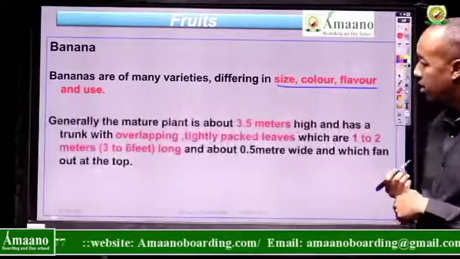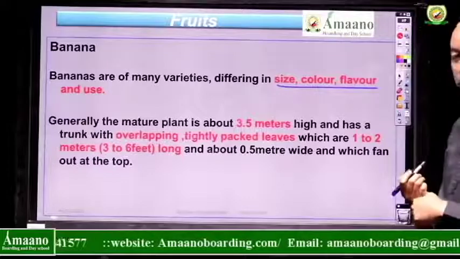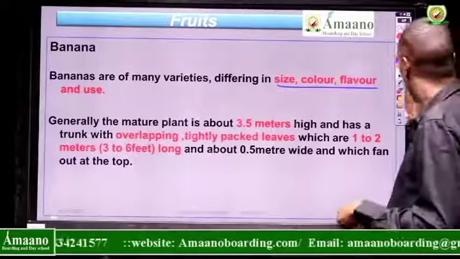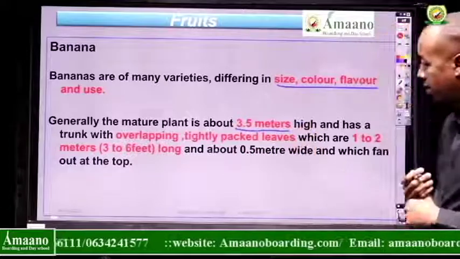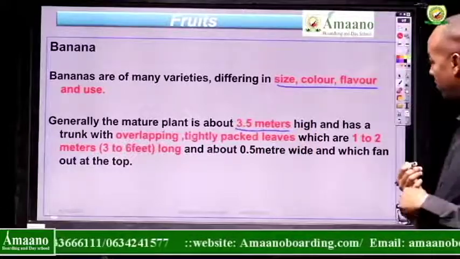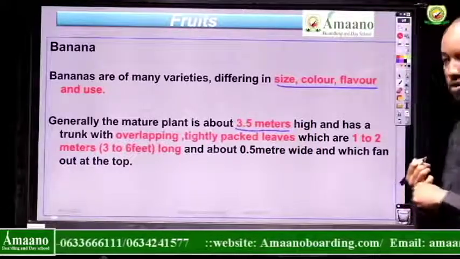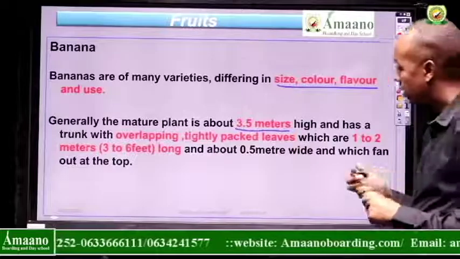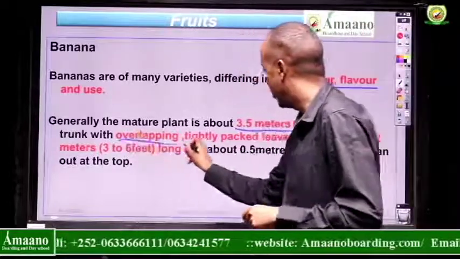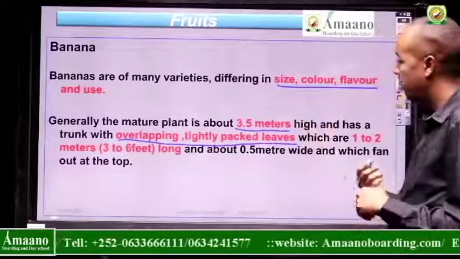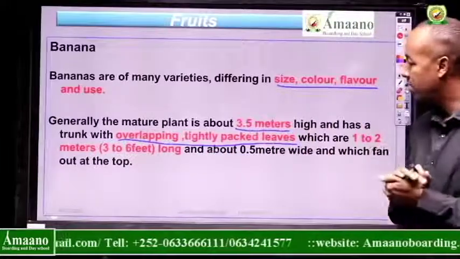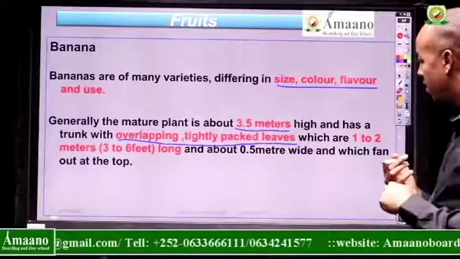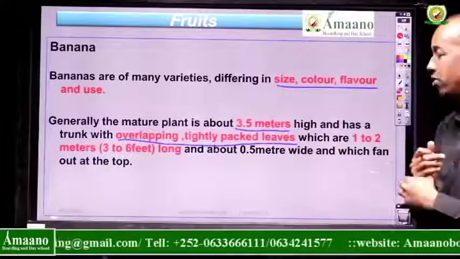So generally, the mature plant is about 3.5 meters. As you can see from here, it matures to a height of 3.5 meters, and it has a trunk. The trunk, the stem, is with overlapping, tightly packed leaves. The leaves of the banana tree are overlapping one another, and at the same time, they are very long and very tightly packed together.